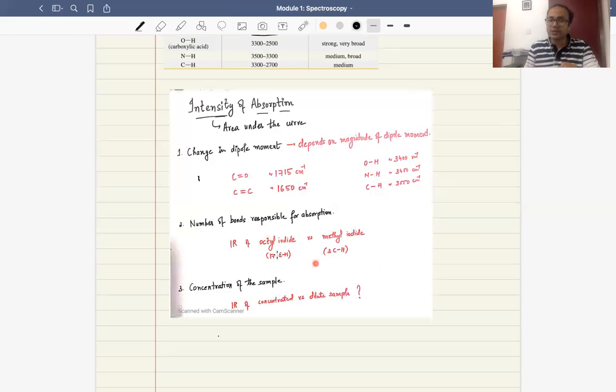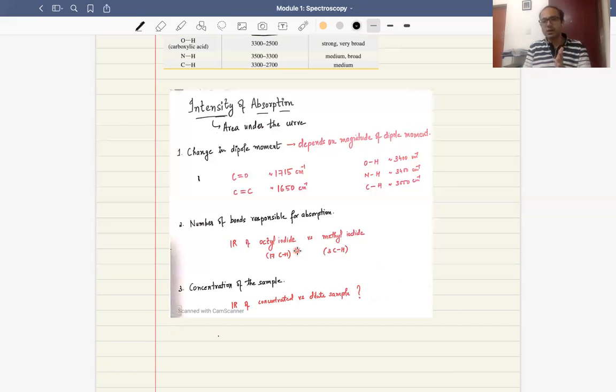So if you compare the intensity of the IR spectrum of these, and especially look into the 3000 region where the CH vibrations happen, you will find that the peaks corresponding to octyl iodide would be pretty intense because the number of CH vibrations is more.